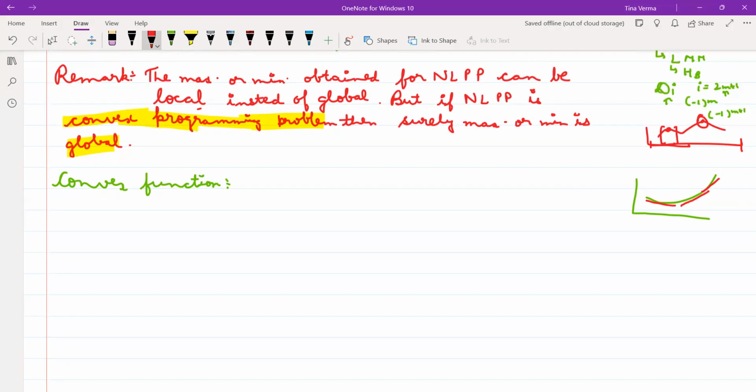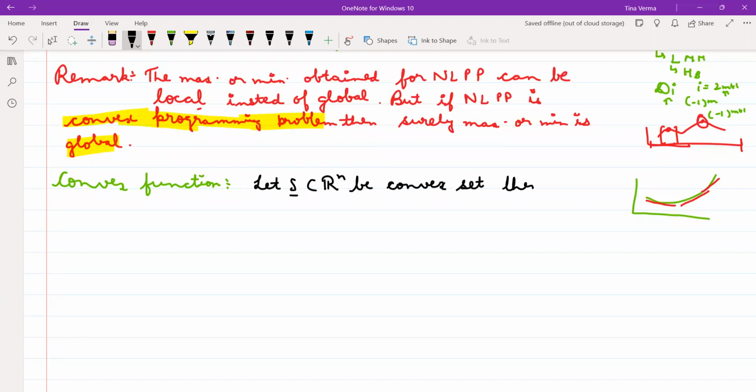So how will we check the convex function? Let S be a subset of R^n, because we are in n-dimensional space and we can have n variables. Let S be a convex set. From where we have to take the points, that should be the convex set.